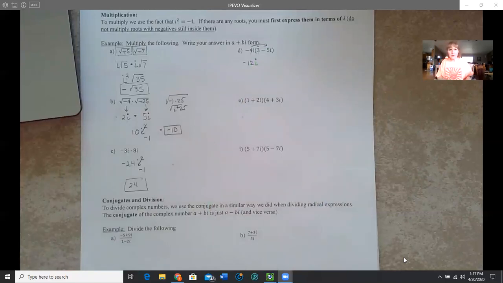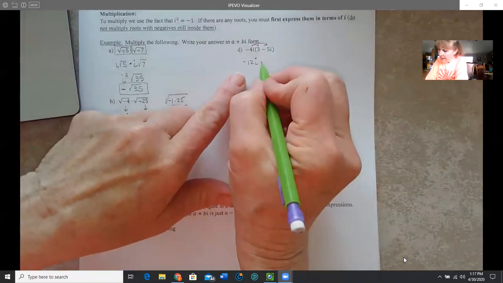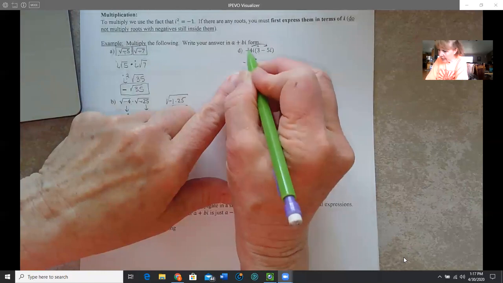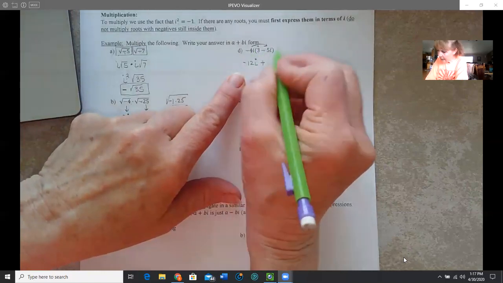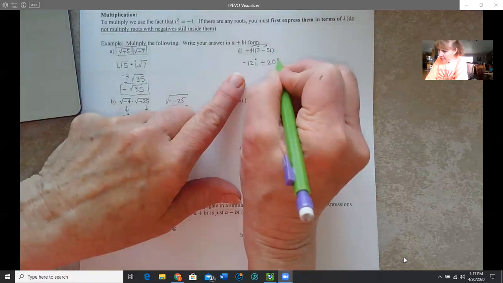I just multiplied the negative 4i times 3. Now I'm going to take the negative 4i times the negative 5i, which is a positive. A negative times a negative is a positive 20i squared.